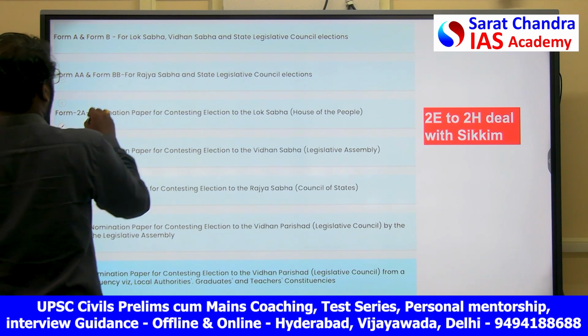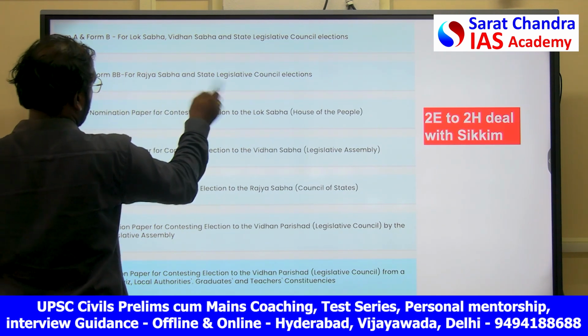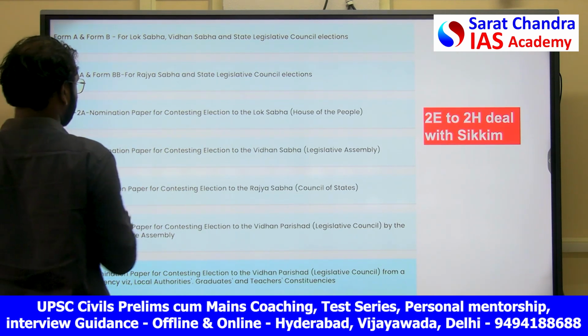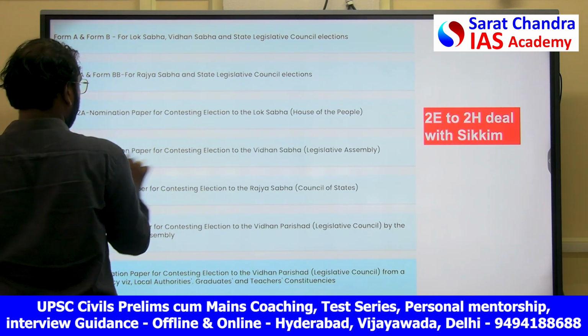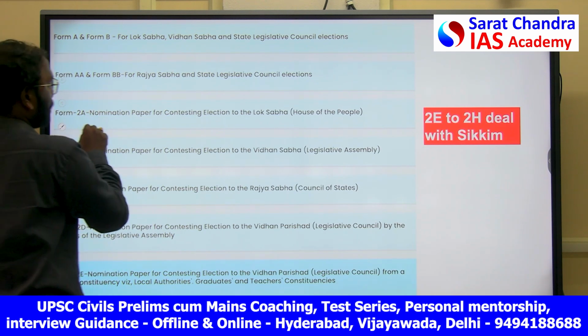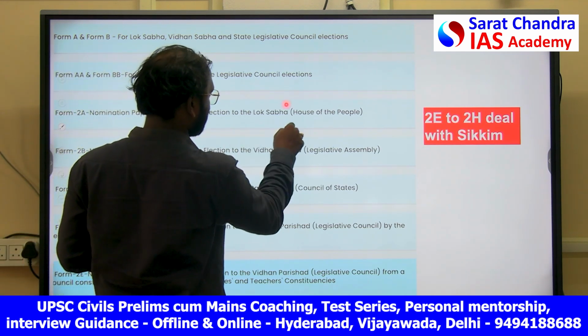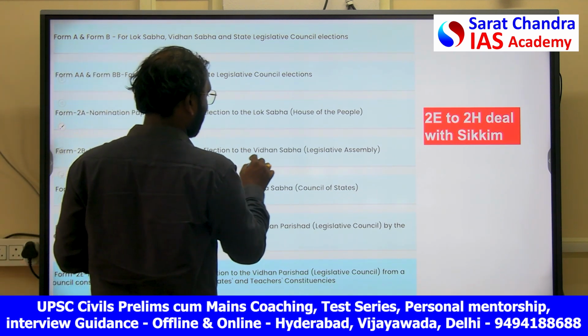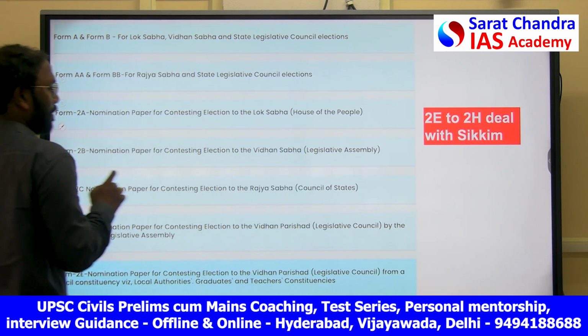And then we have Form AA and BB for Rajya Sabha and Legislative Council elections, not strictly important for us as of now. Form 2A and 2B, you can see this. 2A deals with nomination papers for contesting elections to the Lok Sabha, that is the House of the People. 2B deals with nomination papers for contesting elections to the Vidhan Sabha, that is the Legislative Assembly.